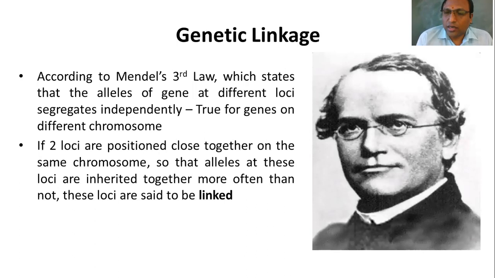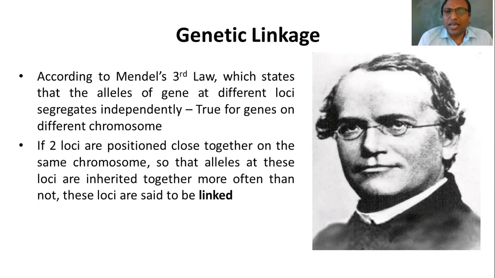Regarding the mapping part, the first thing we have to understand is Mendel's third law, which states that the alleles of genes at different loci segregate independently. Based on this, genes on different chromosomes will have different loci. This proposed the genetic linkage studies.